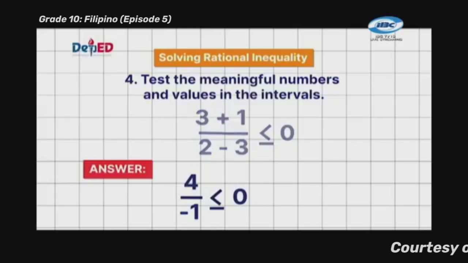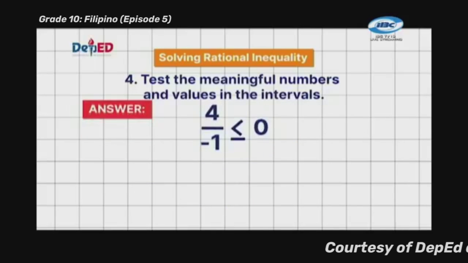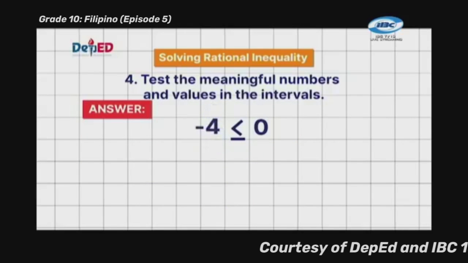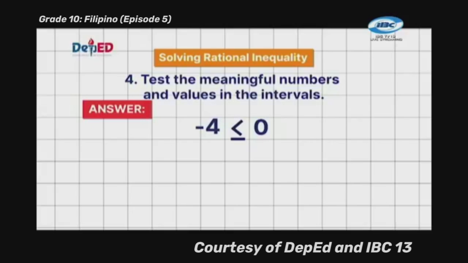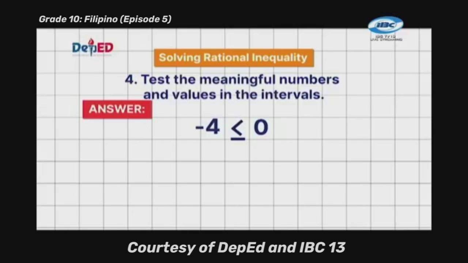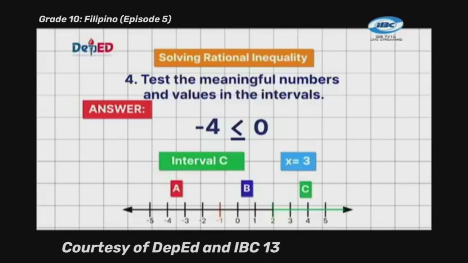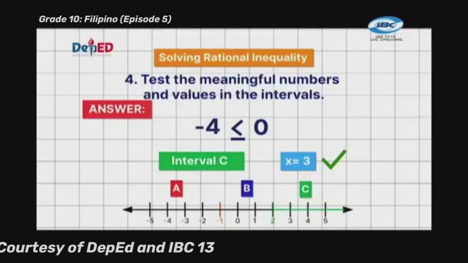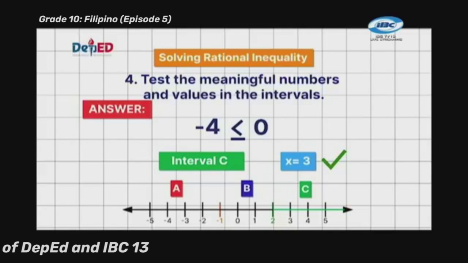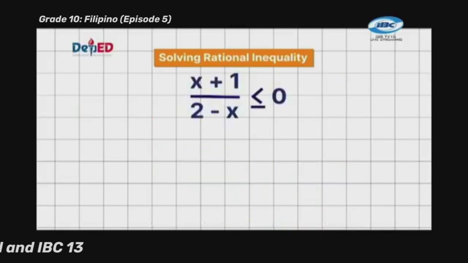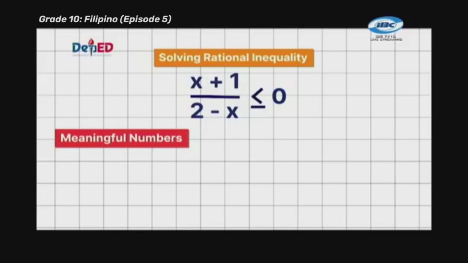for the inequality. We take any value in C to test in the inequality. Let us have 3. We use it in the given inequality. That is 3 plus 1 all over 2 minus 3 is less than or equal to 0. 3 plus 1 is 4.